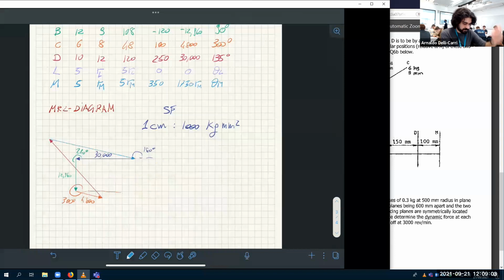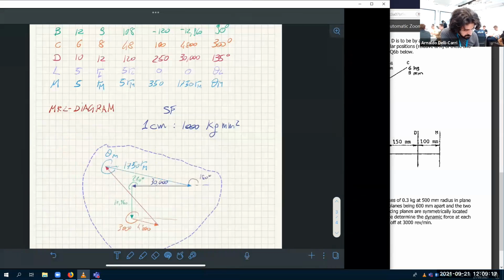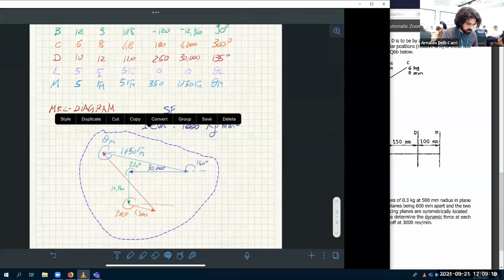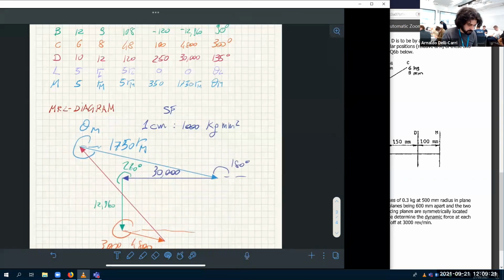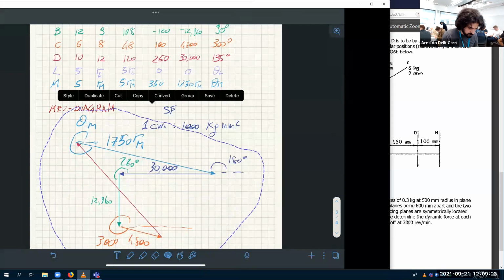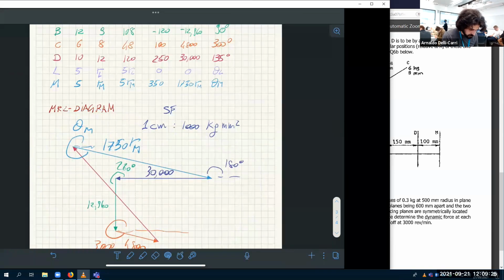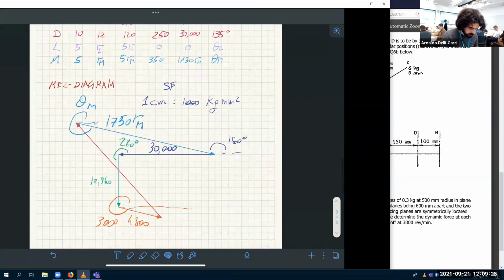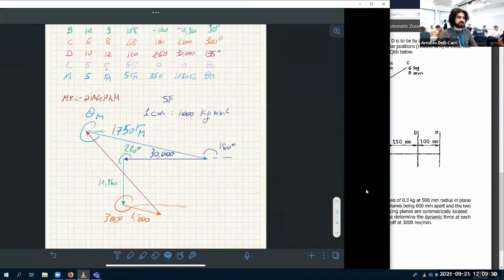And this is 750 RM at an angle of this much. So let's make this larger.